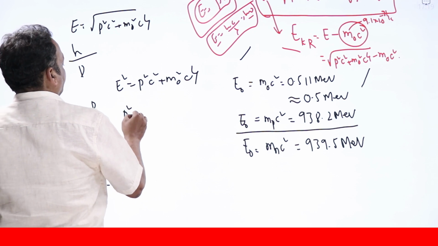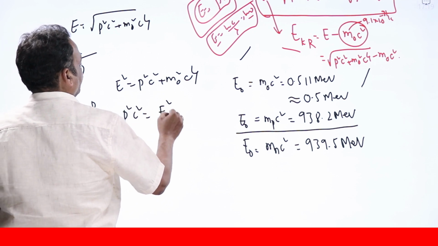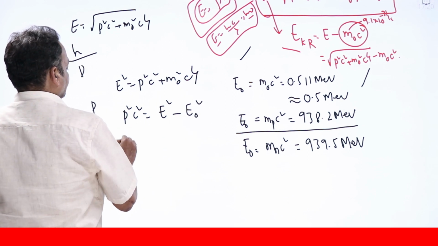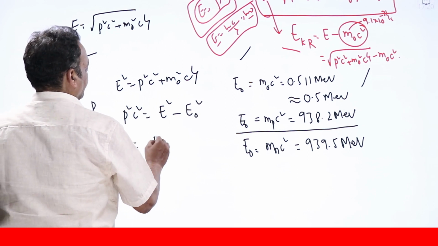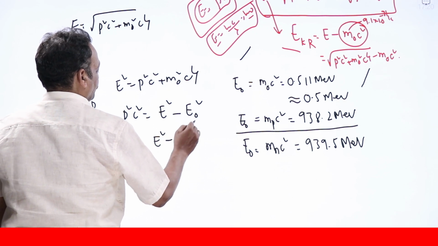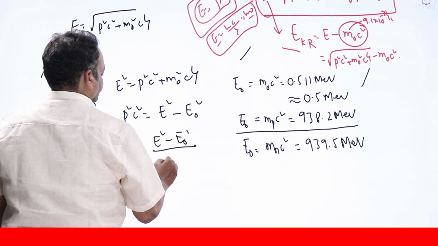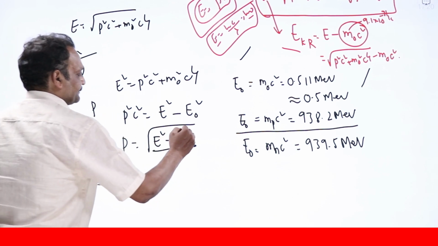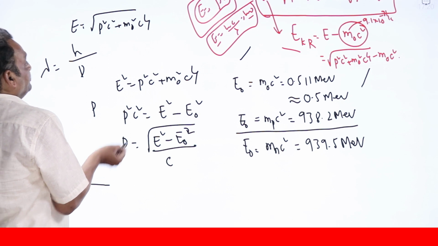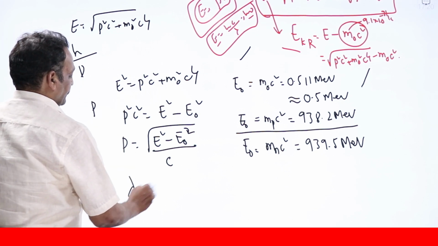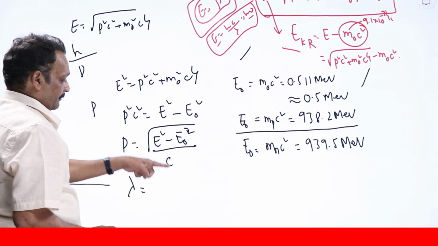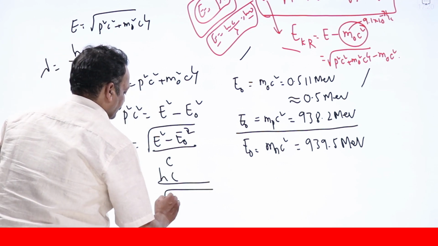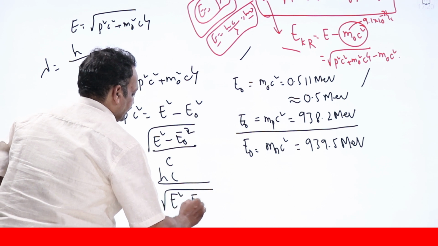So p square c square equals E square minus m naught square c to the power 4, which I'll take as E naught square. So p equals under root E square minus E naught square, by c. This is the relativistic momentum, so I'll substitute that in the formula. Lambda equals h by p, the c goes up, and it becomes hc by under root E square minus E naught square.